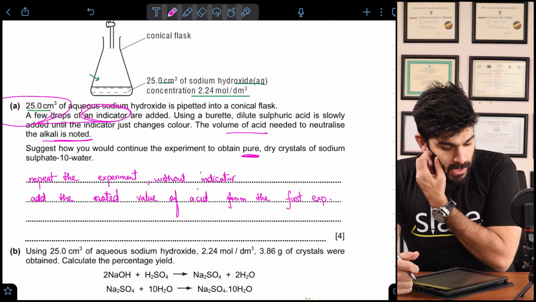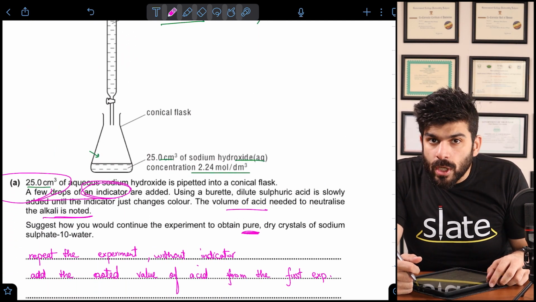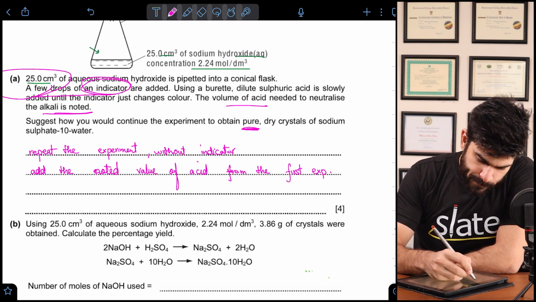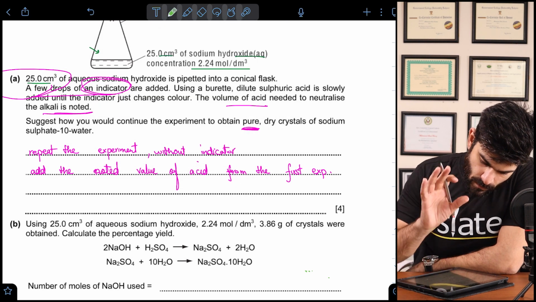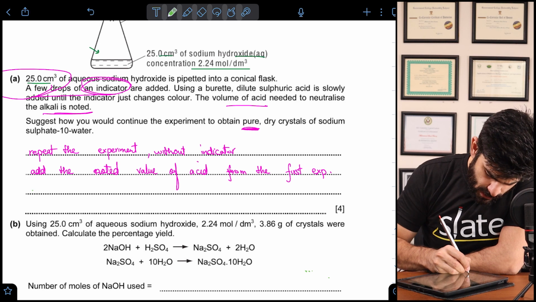What's the next step? Since sodium sulfate is a soluble salt, what will be our next step? Students, our next step would be to dry the precipitate. How do we dry the precipitate?